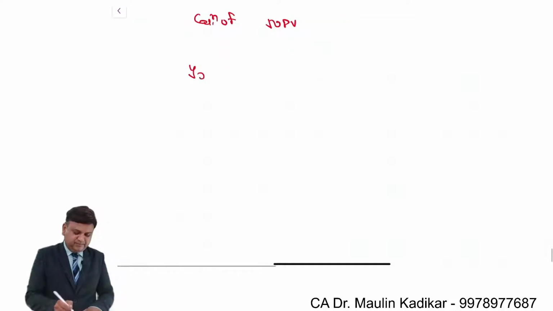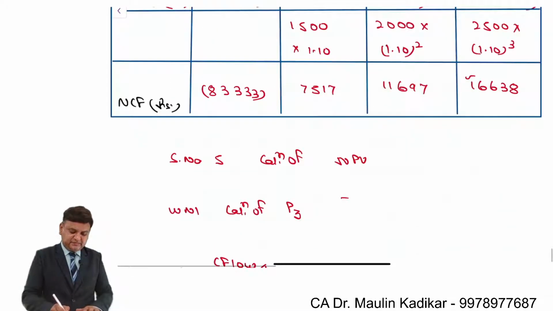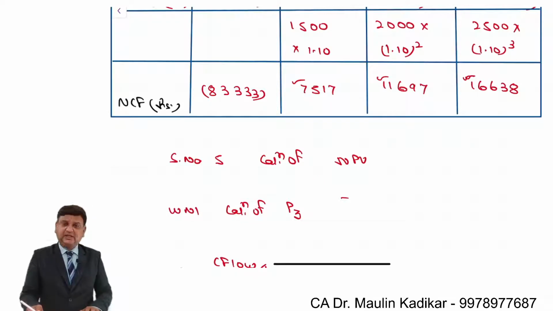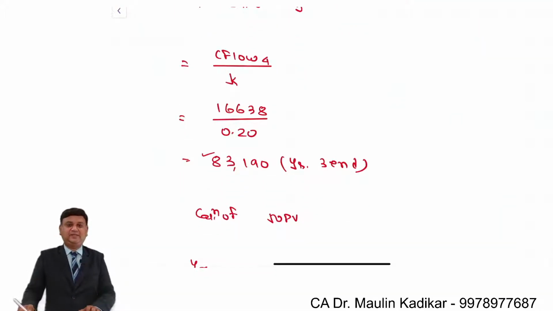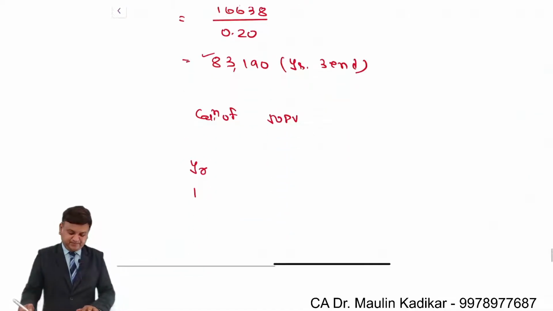So what will happen in NPV calculation, friends? First year cash inflow will be 7517. Second year 11,697. Third year 16,638 plus 83,190. That is the way the third year cash flow will be found. Third year cash flow will include the third year cash flow itself, and fourth year onwards for perpetuity, whatever you are going to receive, all of them will be discounted to the third year end.